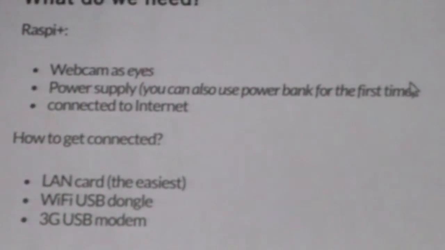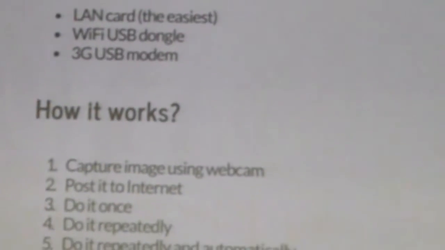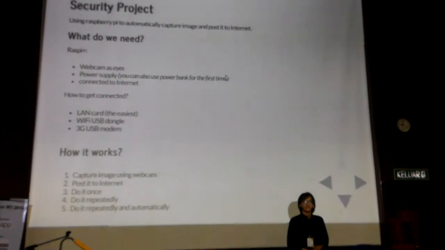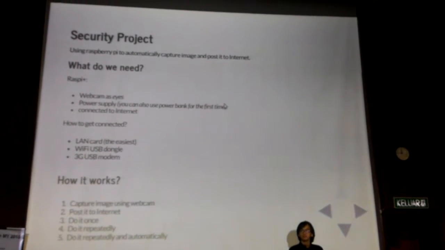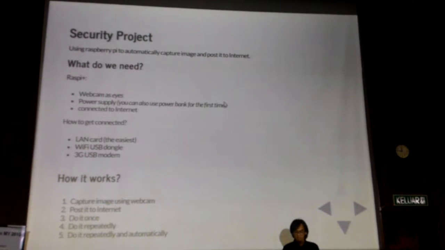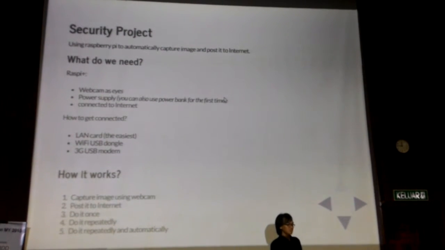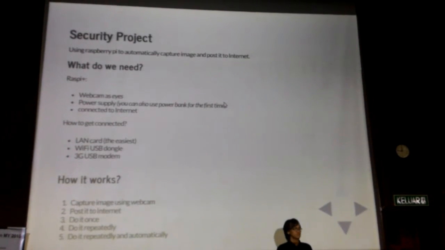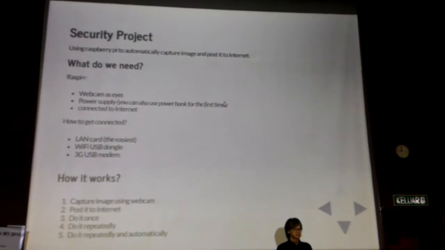Then you need to get connected to the internet, and one of the easiest ways is to use the LAN cable. The Raspberry Pi has an RJ45 port, and if you don't have it, you can use a USB Wi-Fi dongle, or a 3G USB modem.